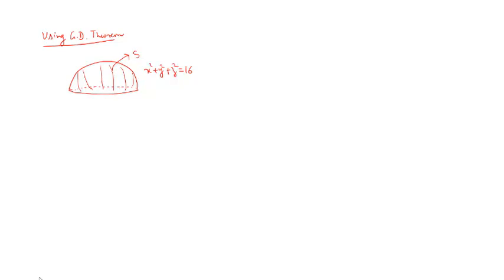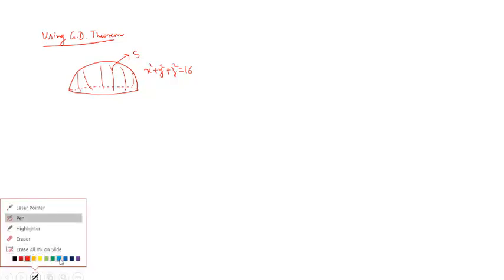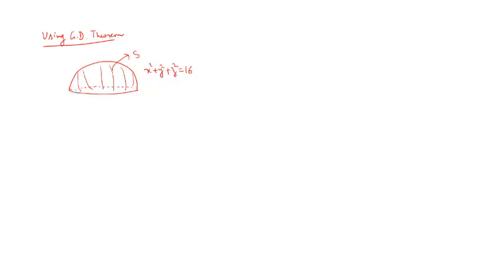In order to do this, I will now add another surface, say S1 or S dash, to the given surface S, so that S union S dash becomes a closed surface.